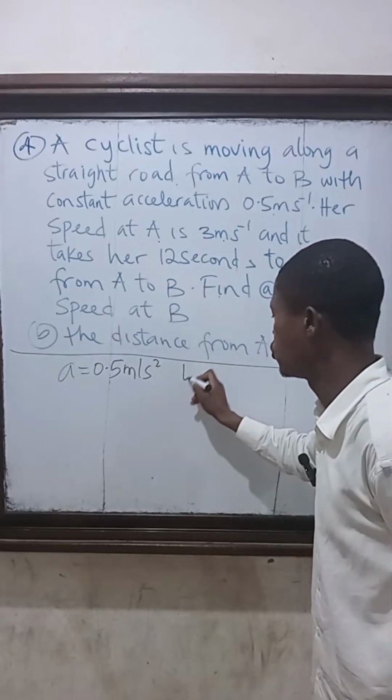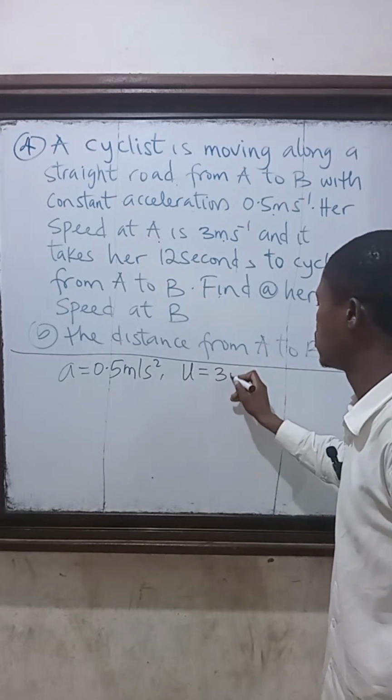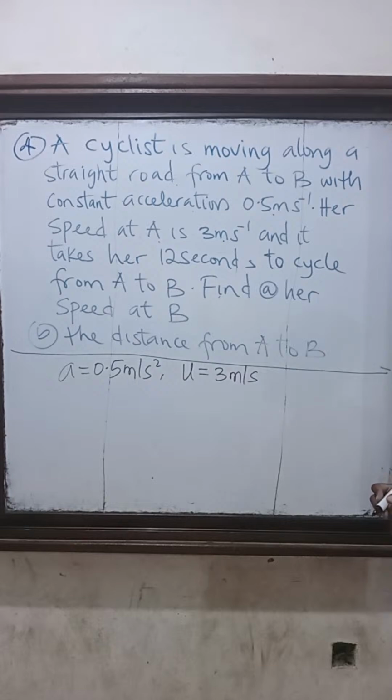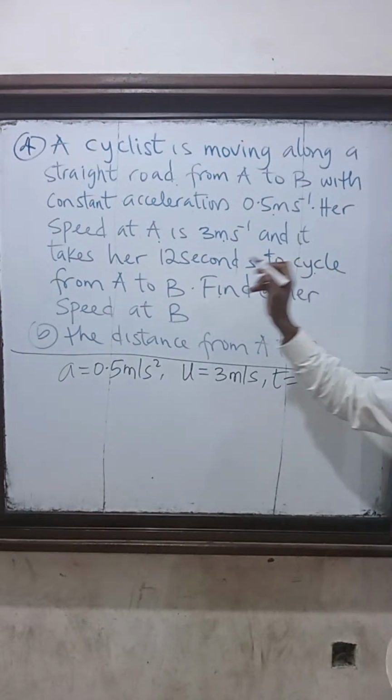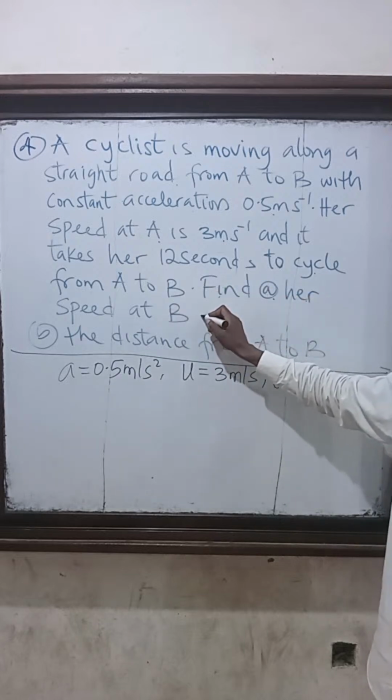That will be U, the initial speed. It takes 12 seconds, so T is 12 seconds, to cycle from A to B. Find the speed at B.